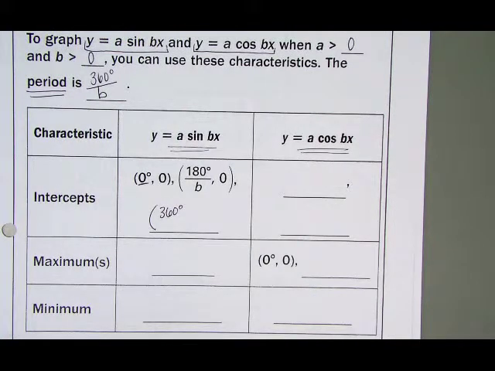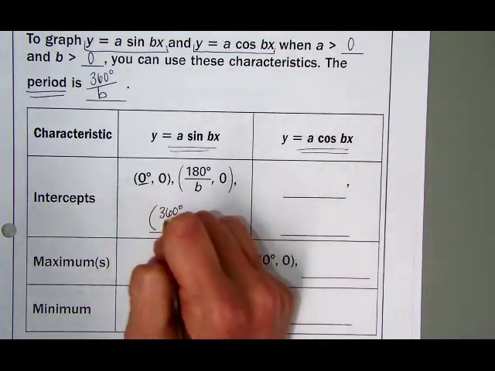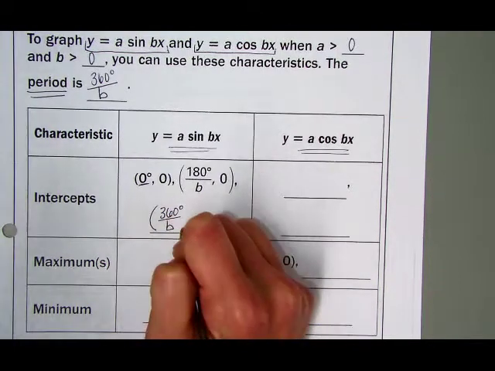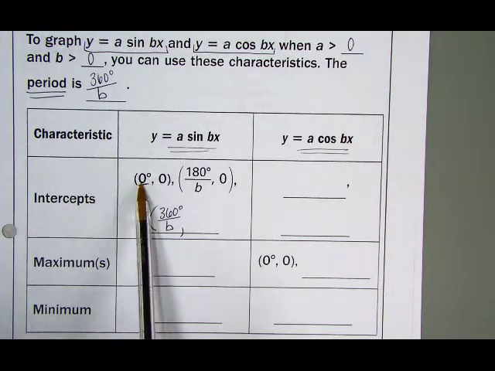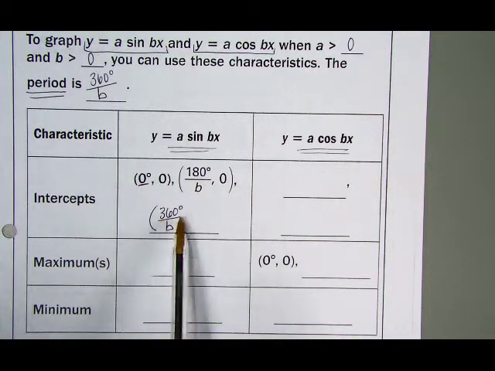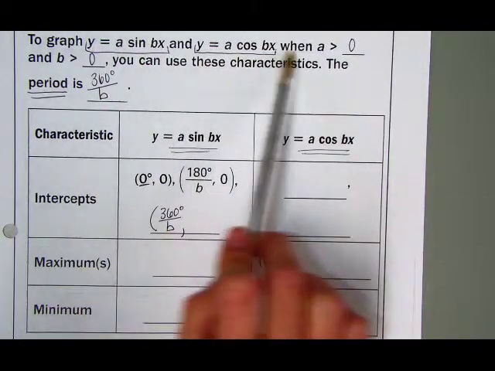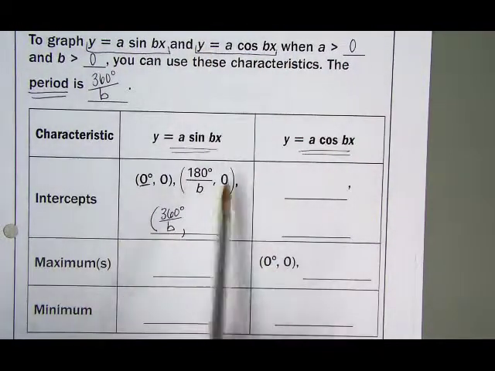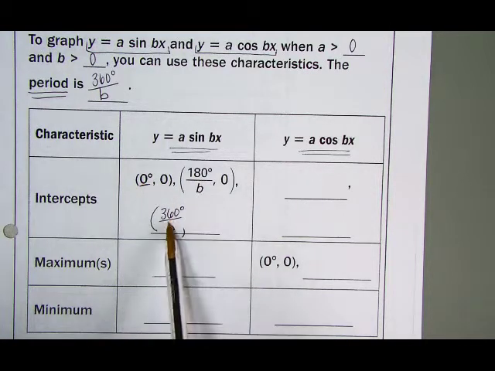And then whatever our b value is, we're going to divide everything by b. That's basically just going to scale what our graph looks like, and we'll talk about that in just a minute. Since our intercepts happen at 0 degrees, 180 degrees, and 360 degrees, to find our intercepts of any of these general sine and cosine functions, we divide our degree value, where those intercepts would naturally already happen, by our b value.